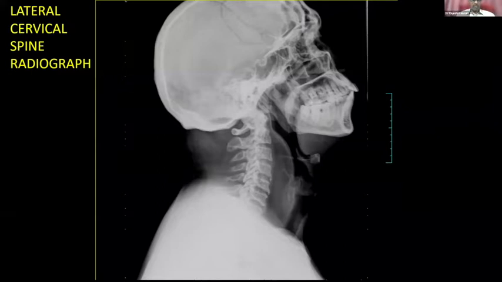Yeah, so how will you measure it? Whether what you are measuring is 10 mm or 20 mm, given in an X-ray, you can't use a scale because you have different types of images.